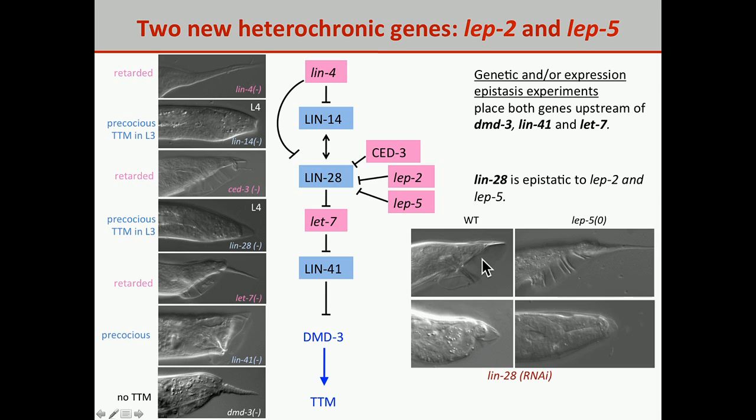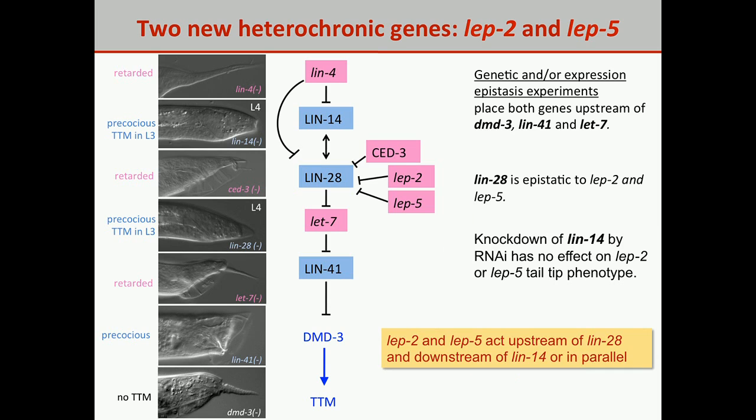Knocking down LIN-28 with RNAi has the same phenotype in wild type as it does in LEP5 mutants. Knocking down LIN-14 has no effect on the tail tip phenotype, so we conclude that LEP2 and LEP5 both act upstream of LIN-28 and either downstream of LIN-14 or in parallel.